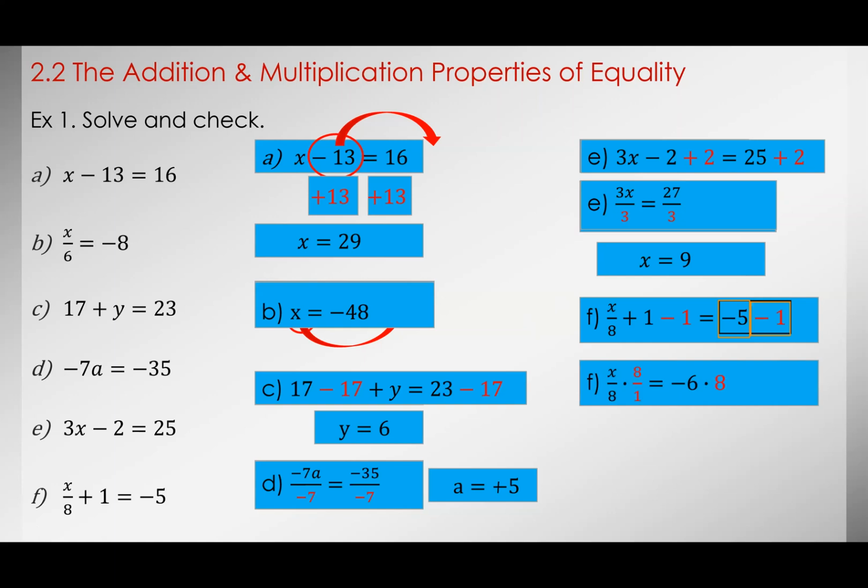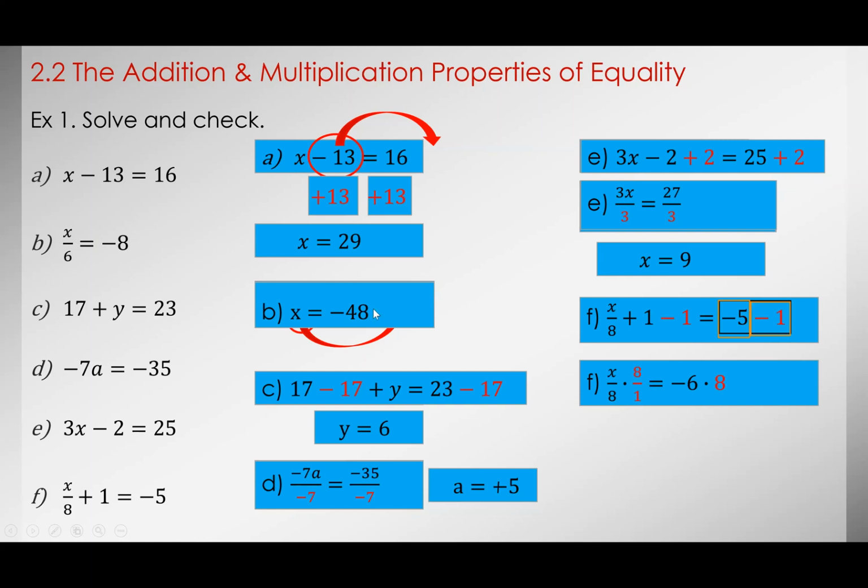Okay, and look at this. Once we have this, we want to get rid of the 8. And like I mentioned, when you get rid of the 8, we need to multiply. I did not put a 1 here because basically you multiply by 8 over 1. If you look at B, I put the 6 up here, but anything over 1 is just itself, so I just put an 8 here, which is the same idea.